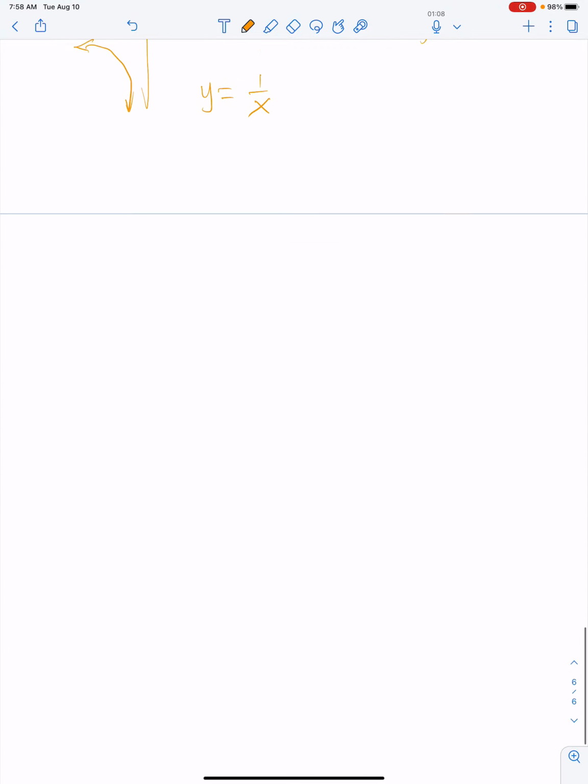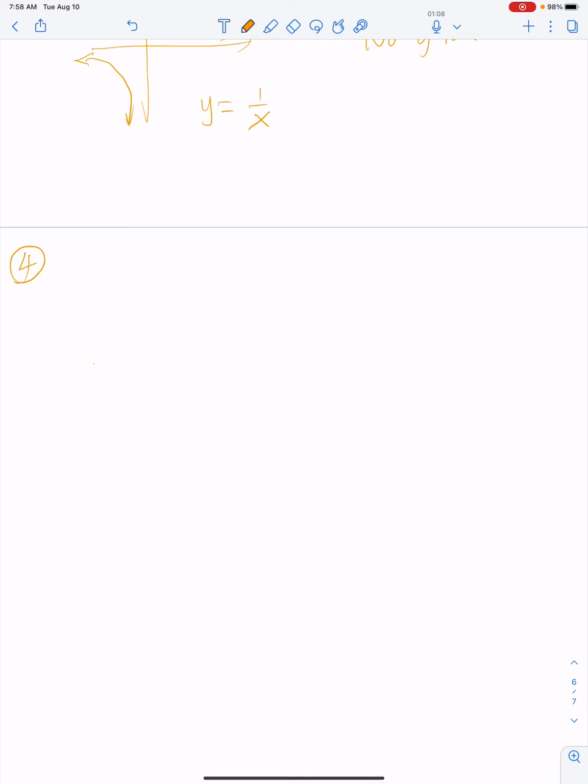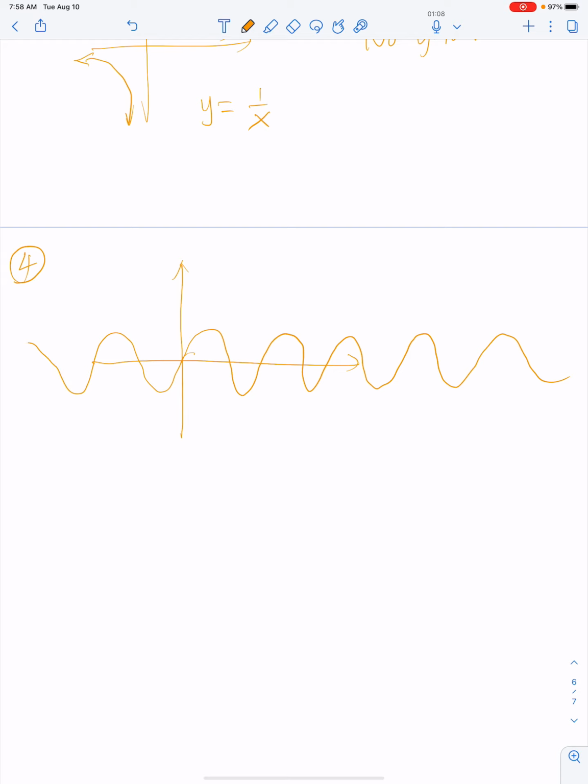Okay, and could we have a lot of x-intercepts and y-intercepts? Yeah. Do you guys know these kinds of questions? In pre-calculus you will know this is y equal to sine x. How many x-intercepts do you have?